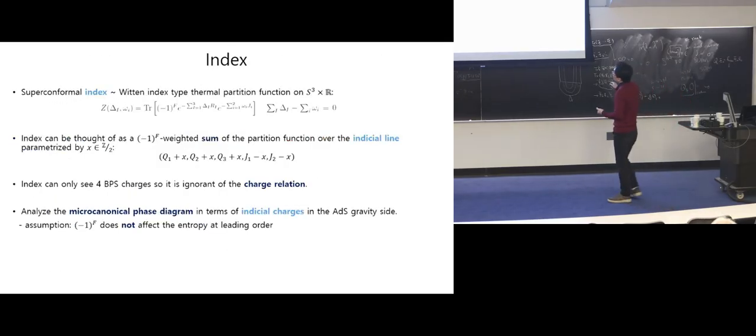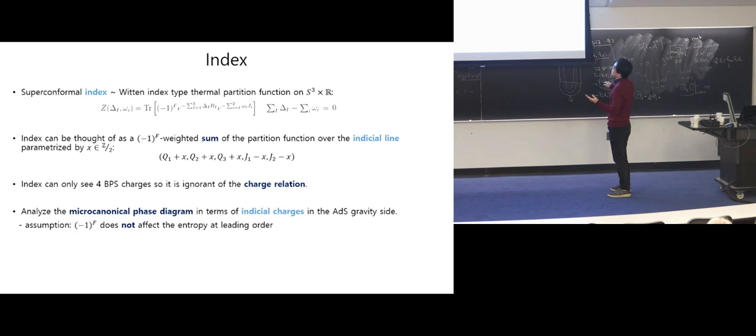So we again go back to the index. The index can be thought of as a (-1)^F weighted sum of the partition function along the index line parameterized by x here. The BPS operators carry 5 independent charges, 3 R-charges and angular momenta, but the index is ignorant of one linear combination of them, so we only have 4 independent charges that can be seen by the index.